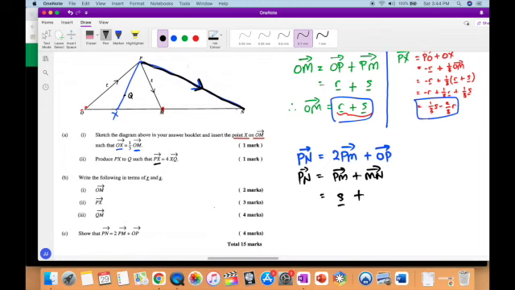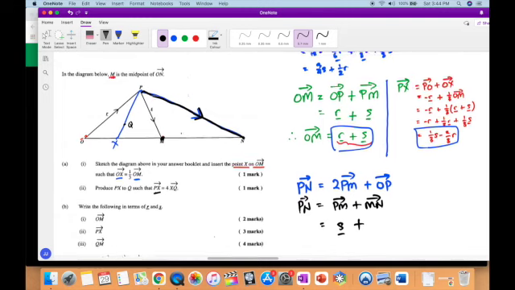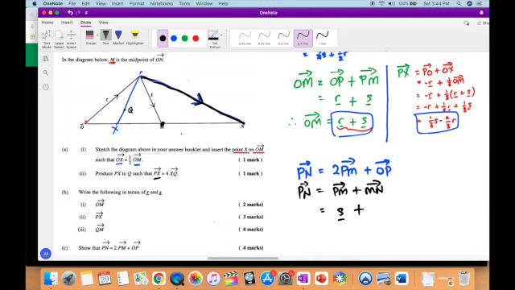MN is what? Can anybody tell me in terms of R and S what MN is? Remember they say M is the midpoint. Look at the things that you know. Give me MN in terms of R and S. Remember, simple as possible. And what did they tell you here? That they started off by telling you M is the midpoint of ON.